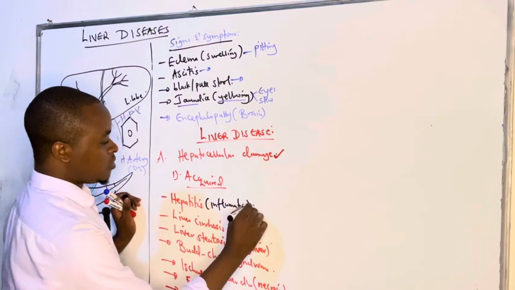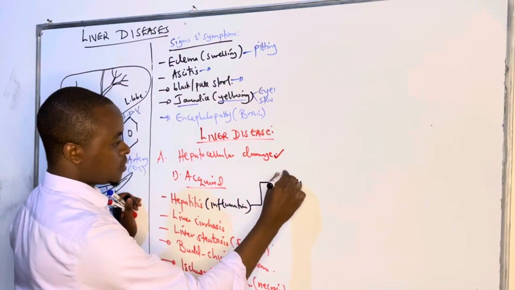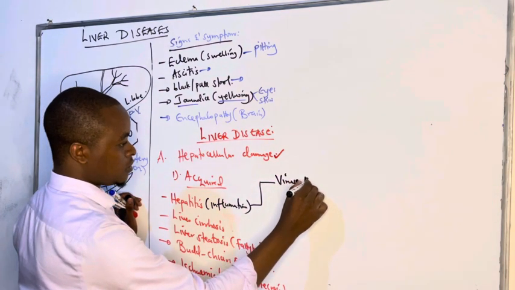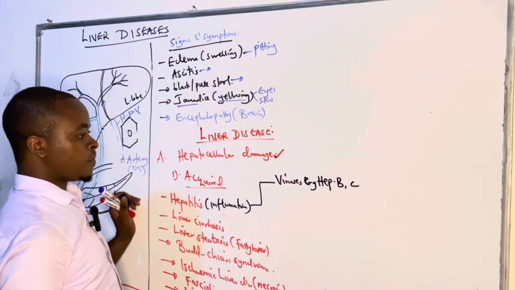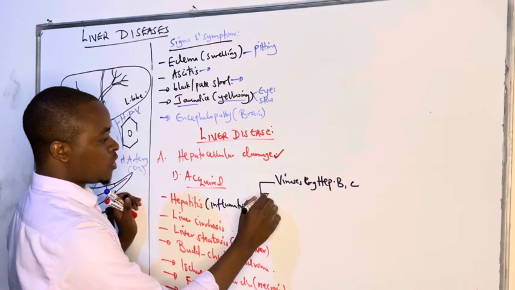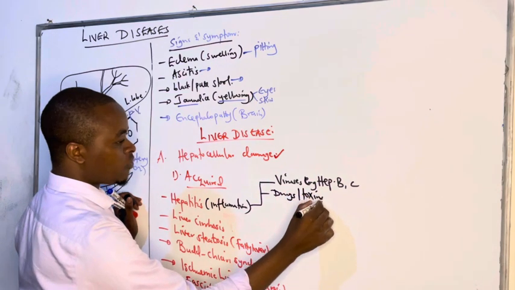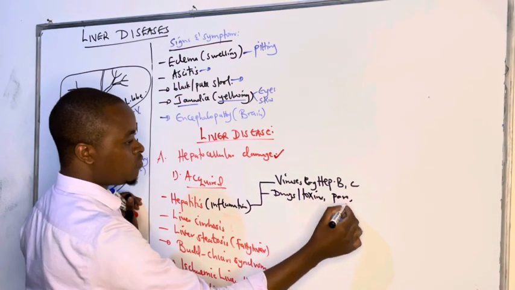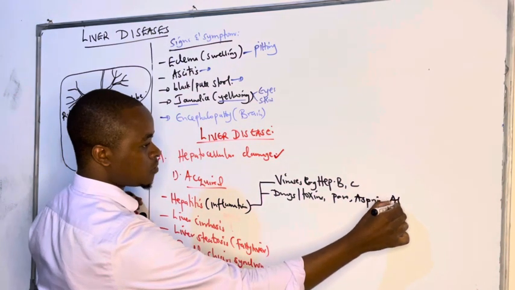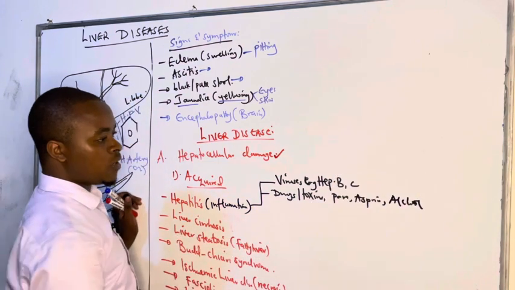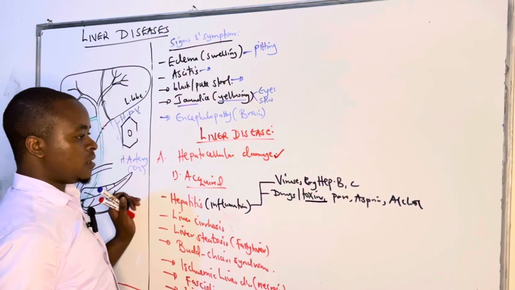And this is caused majorly by viruses, for example hepatitis B and hepatitis C. Then we can also see it being caused by drugs and toxins, drugs like paracetamol, aspirin, and alcohol. Chronic alcoholism can lead to that, and other toxins which you can take into the body.